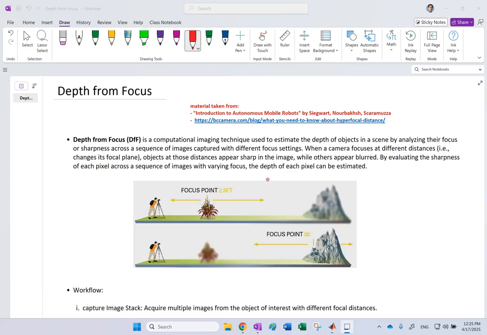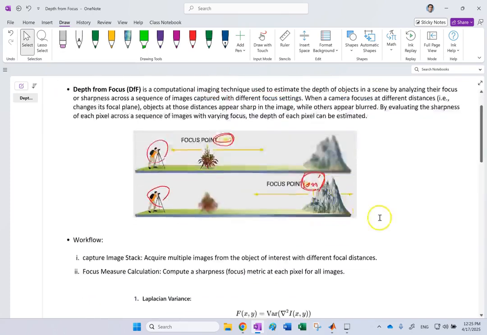Practically we don't have infinity, but let's say instead of infinity, this is like 1,000 feet or something. So can you estimate these numbers by making the focus on those objects and seeing those objects with very sharp edges? Can you estimate these numbers from the focal length that you are practically using? And the answer is yes, you can.